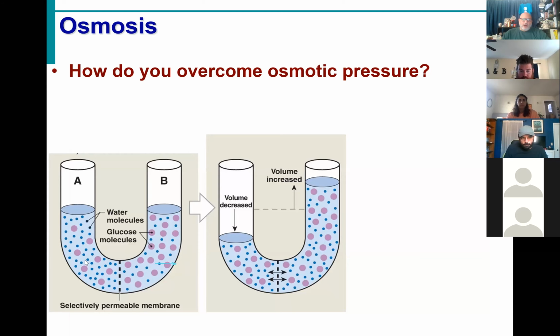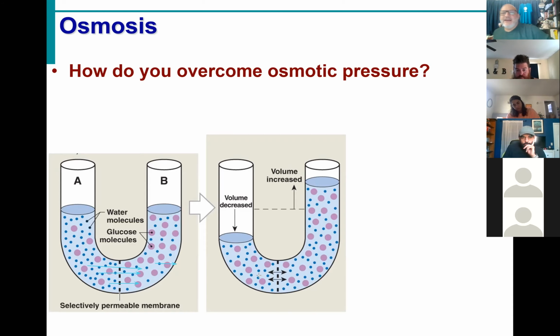So again, water goes down its concentration gradient from a high concentration of water to a low concentration of water until the relative concentrations are the same. This is osmosis, and that driving force of water from the left to the right is what we call the osmotic pressure.